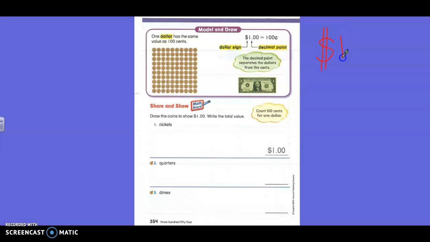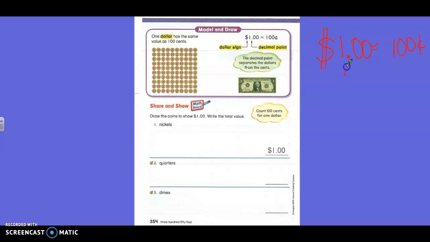So $1, you know how on your morning work you have a line, a dot, and then another line, right? So $1.00 equals the same as 100 cents, okay?